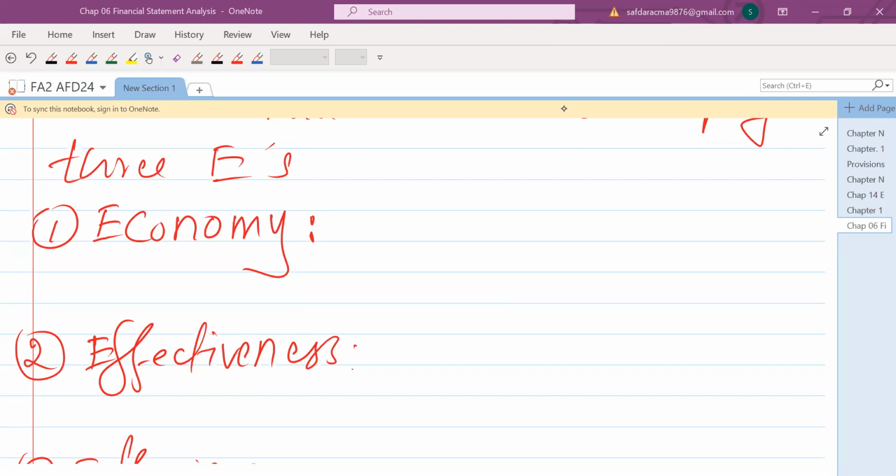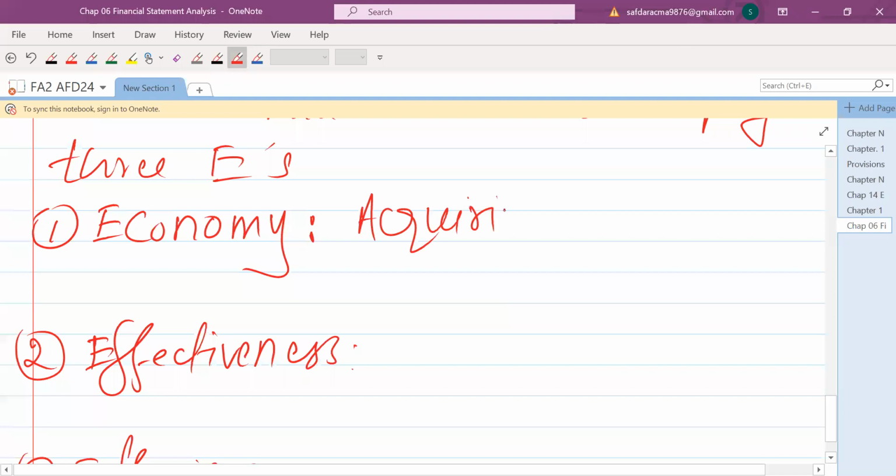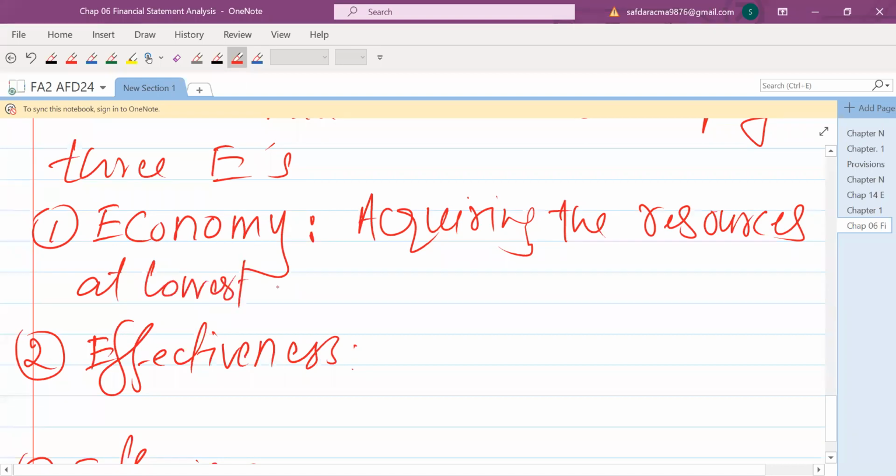Economy means acquiring the resources at the lowest cost, but maintaining quality.